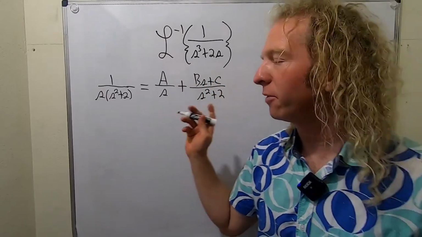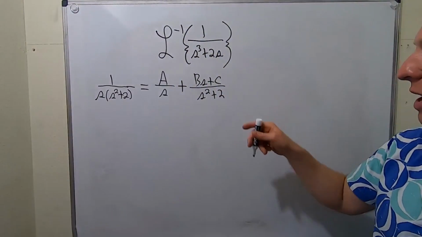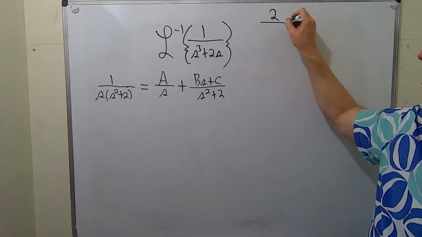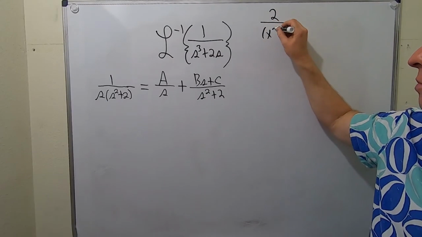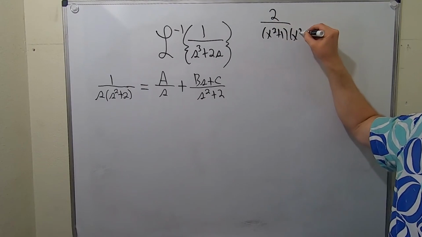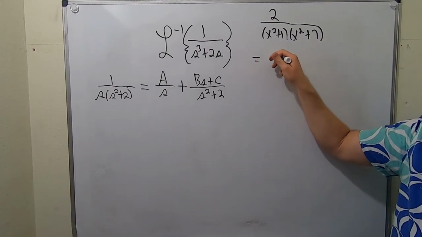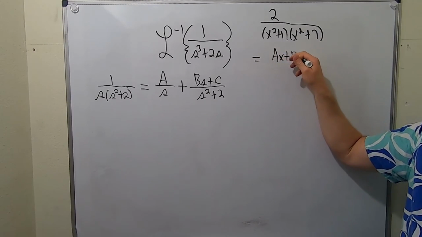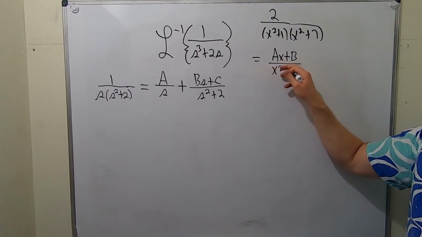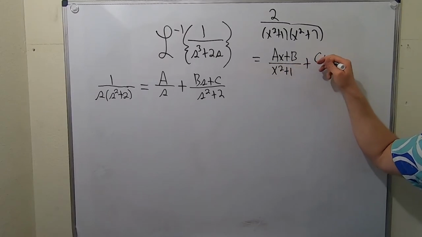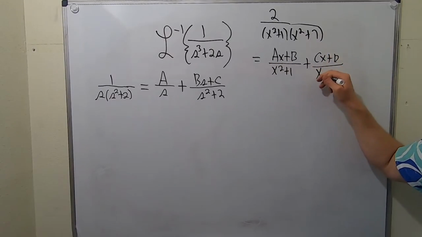Just remember, if you ever did this before, you probably did it with x. So if you had something like 2x squared plus 1, x squared plus 7, you would write this as ax plus b over x squared plus 1, plus cx plus d over x squared plus 7.